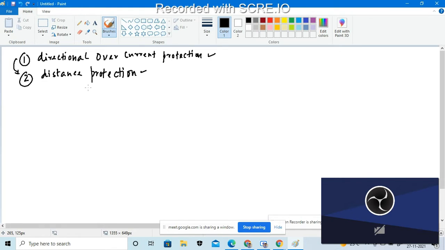Okay, so first I have to draw. Suppose we have a system like this, and some bus bar is connected.